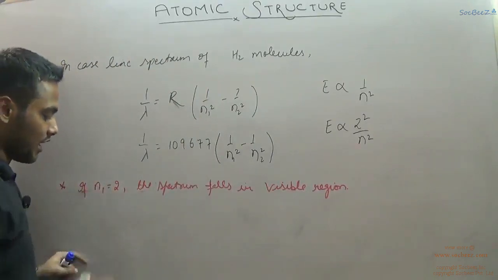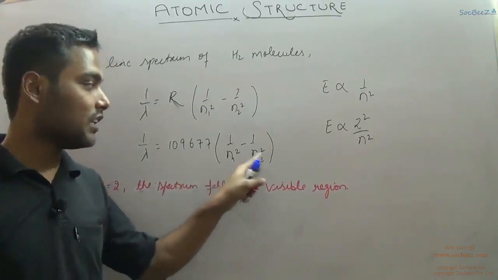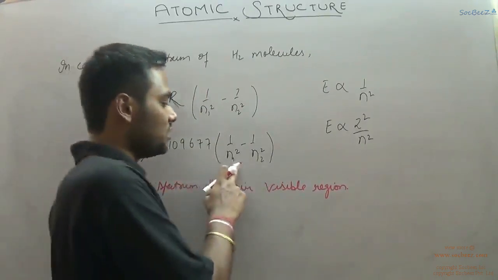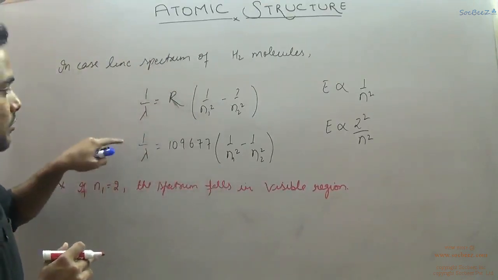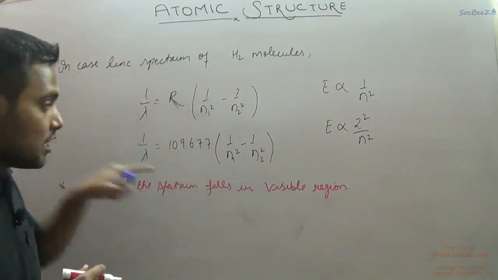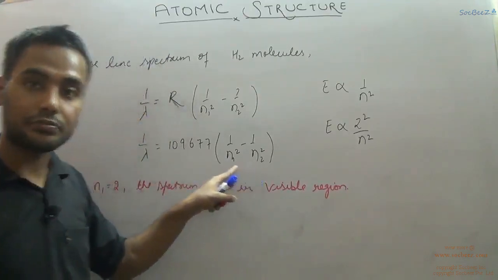Here n1 is the initial energy level, and n2 is the final energy level. We discussed that electrons have different energy levels.